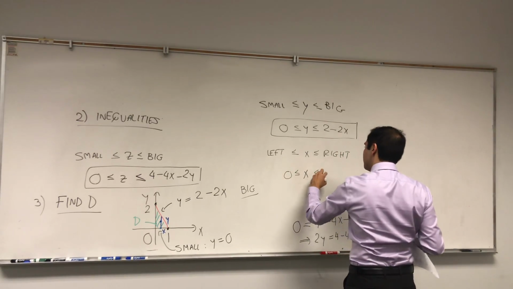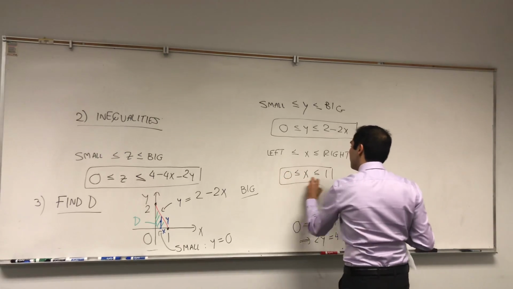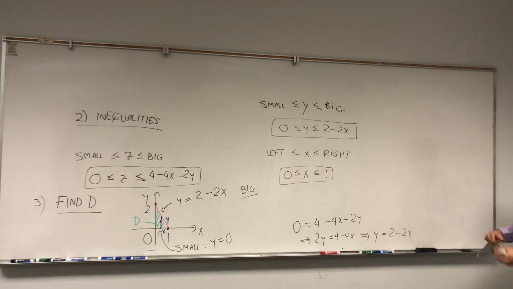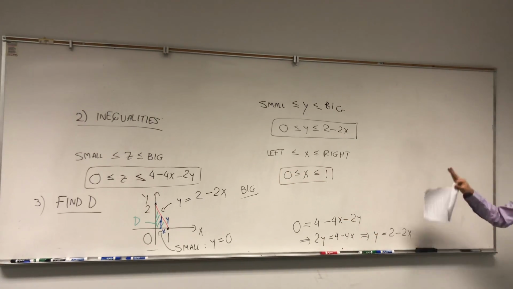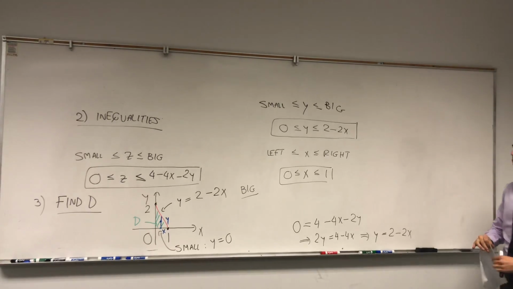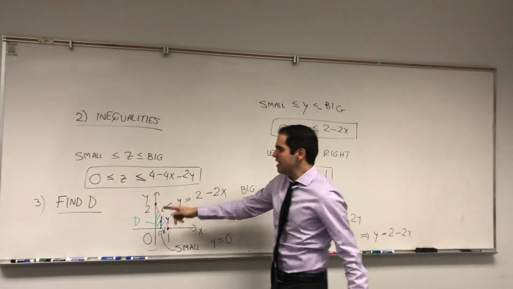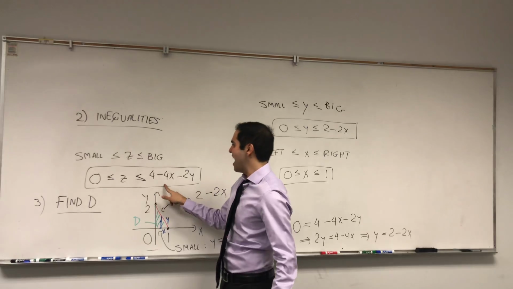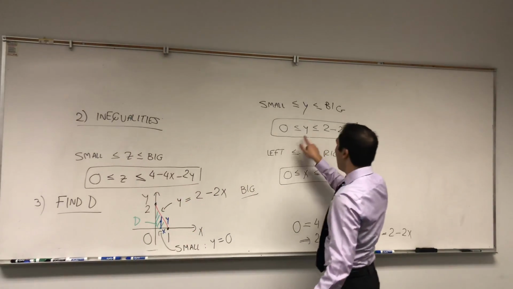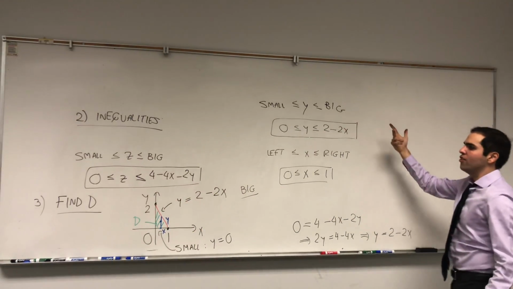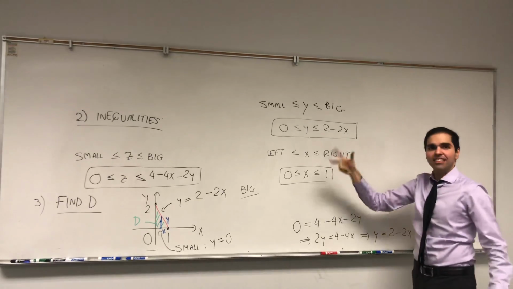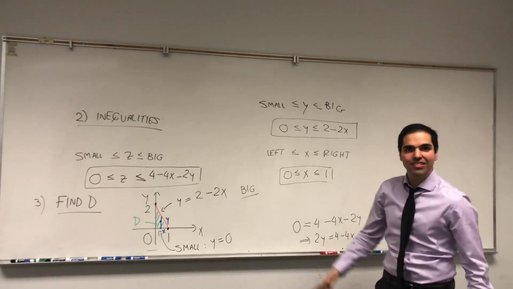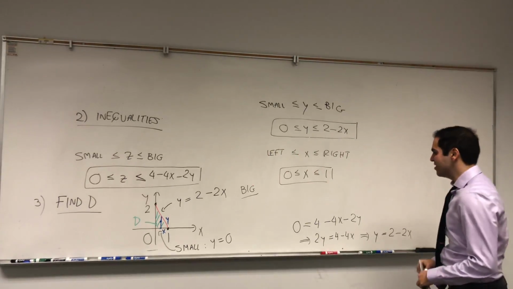So here x is between 0 and 1. And again, which is very typical of a triple integral, z is trapped between stuff with x and y, y is trapped between stuff with x, and then x is just trapped between constants. If you just do it in the z direction.